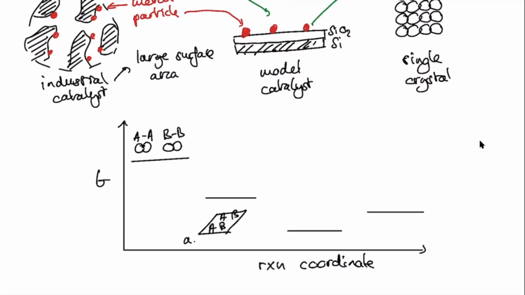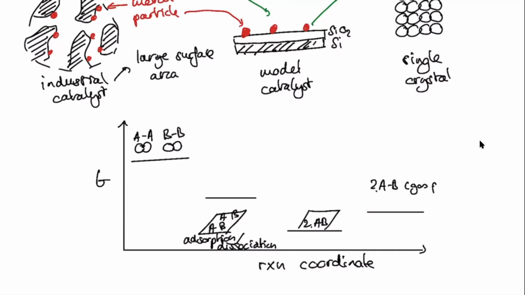This would be adsorption and maybe dissociation. Here I form my products. So I have, let's say, 2 times AB on my catalyst surface. And here I would have AB 2 times in the gas phase, let's say.